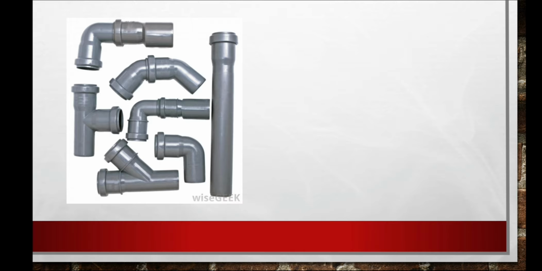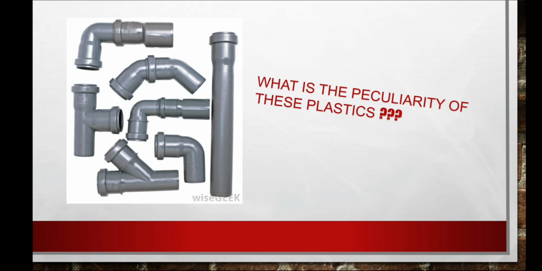Are plastics with the same property used for all purposes? Have you seen plumbers using PVC? What is PVC? PVC is polyvinyl chloride. Have you seen plumbers using PVC by heating and cooling? What is the peculiarity of these plastics?